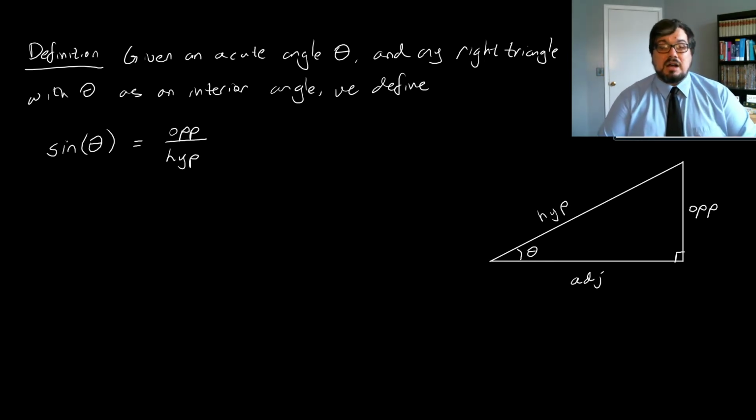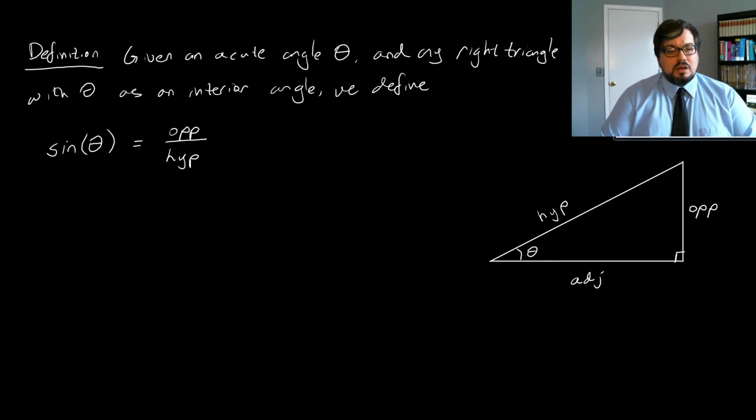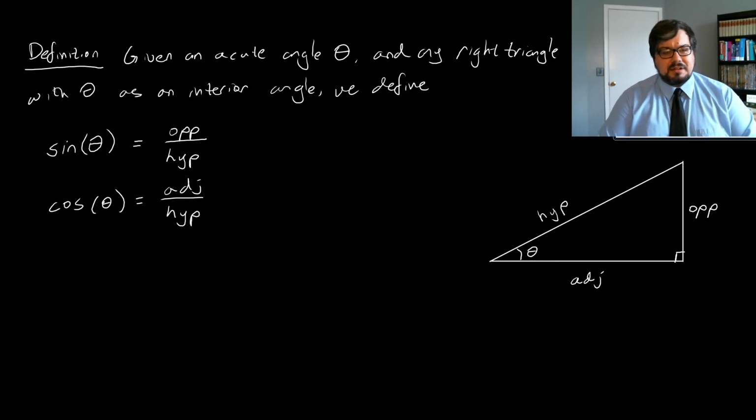So sine is opposite over hypotenuse. Cosine of theta will be adjacent over hypotenuse. We'll do some examples with this very quickly. We'll also have tangent of theta, which is opposite over adjacent.